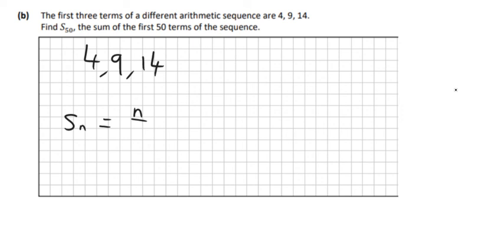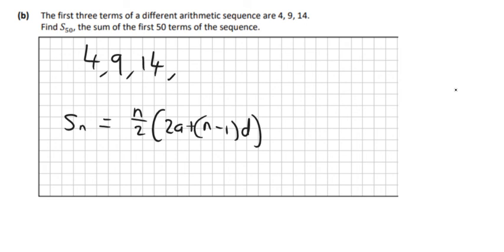It's n over 2, then 2a plus (n minus 1) d. And it's just fitted into this formula.